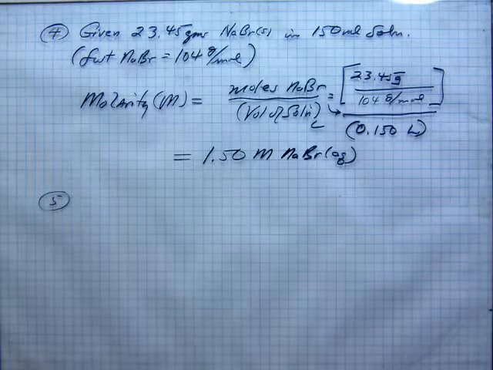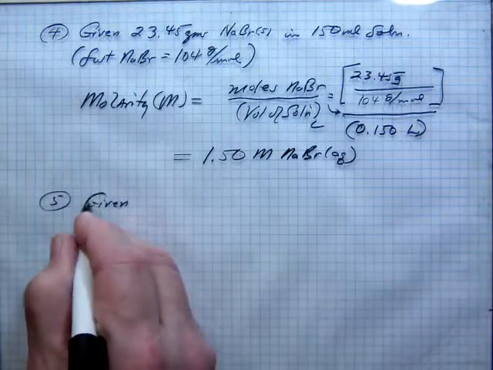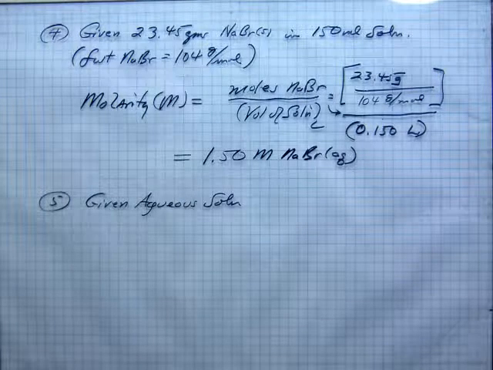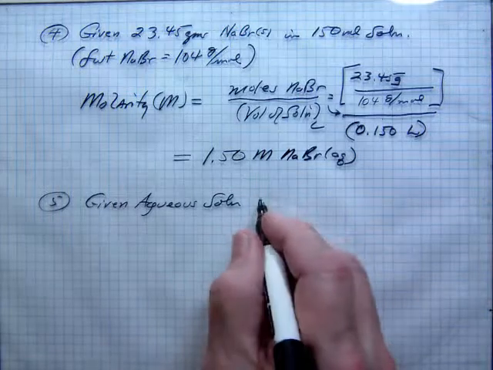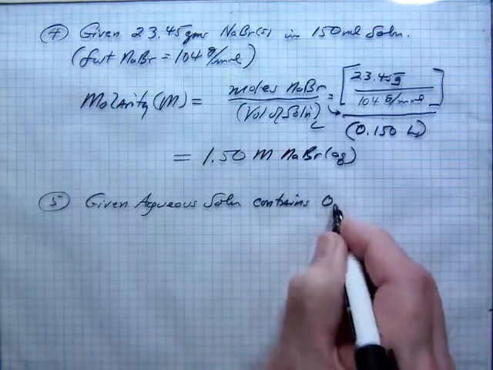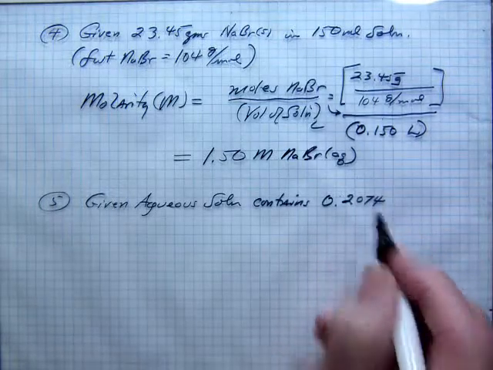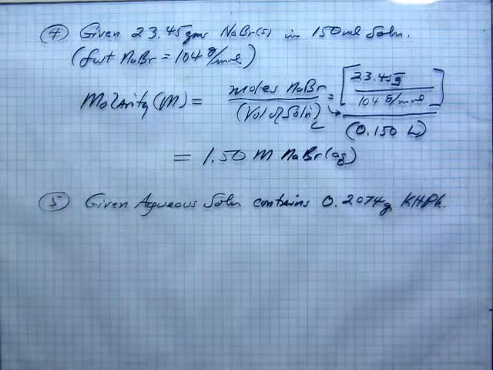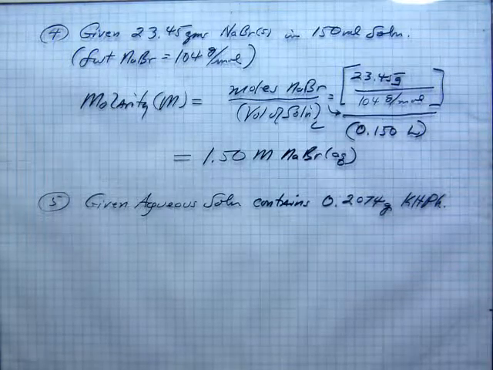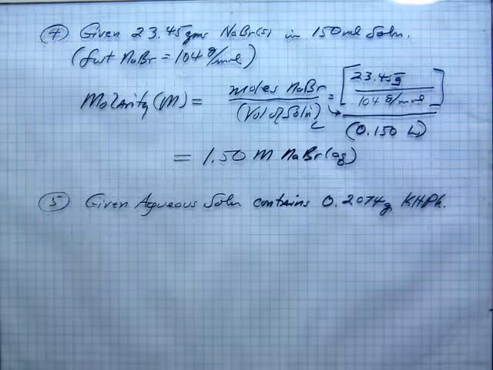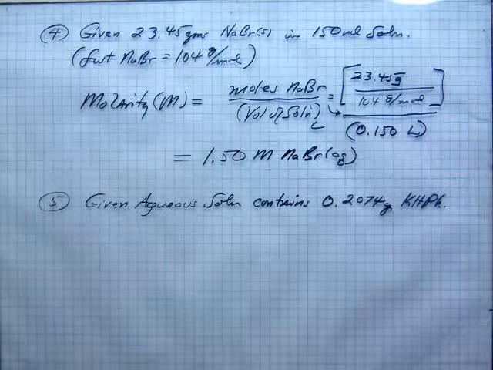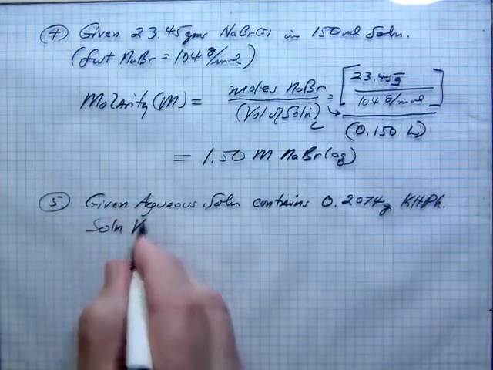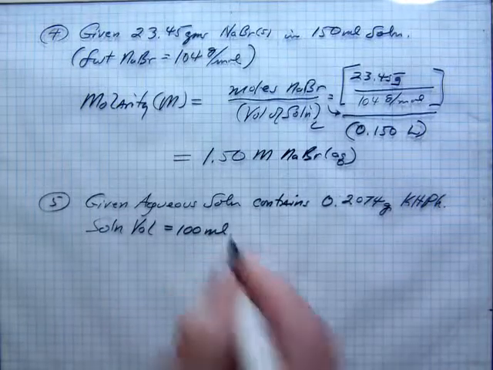Okay. So we're given an aqueous solution that contains 0.2074 grams of KHPH and is diluted to 100 mils, so the solution volume is equal to 100 milliliters total.